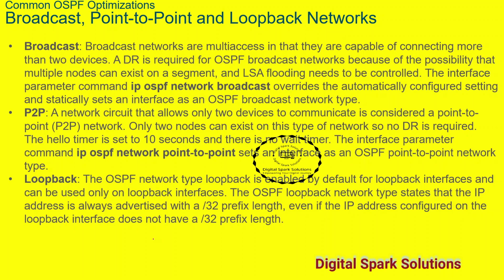Loopback is an OSPF network type. Loopback is enabled by default for loopback interfaces and can be used only on loopback interfaces. The OSPF loopback network type states that the IP address is always advertised with a /32 prefix. For loopback, need to remember this.